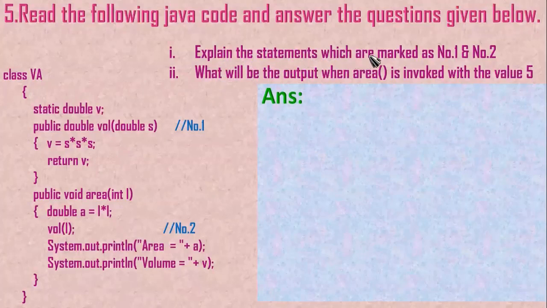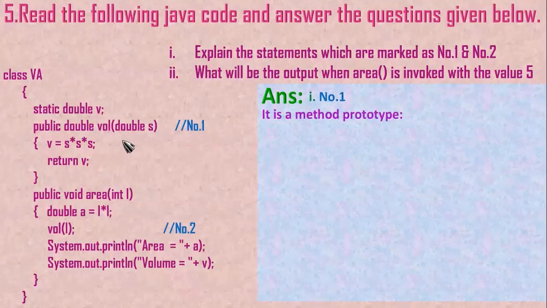Explain the statements which are marked as number 1 and number 2. So here number 1, public double VOL of double S. So this is the method prototype. So let us first mention it as a method prototype. Then each and every token is to be explained. Public is an access specifier.